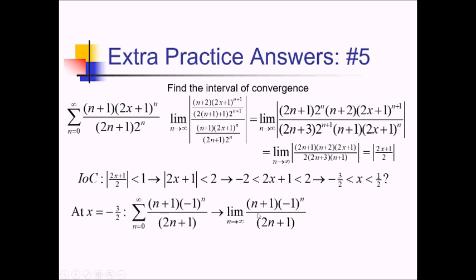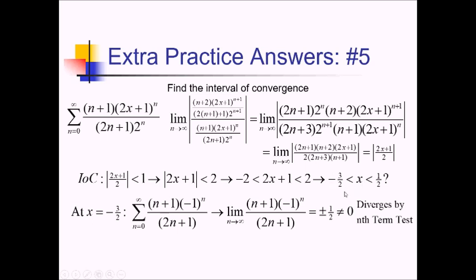So that really just reduces to plus or minus 1 half. This is not 0, so this is going to diverge by the nth term test. So what this means then is that this less than symbol with the negative 3 halves is going to remain less than. We're not going to write an equals under there because we diverged at that endpoint.